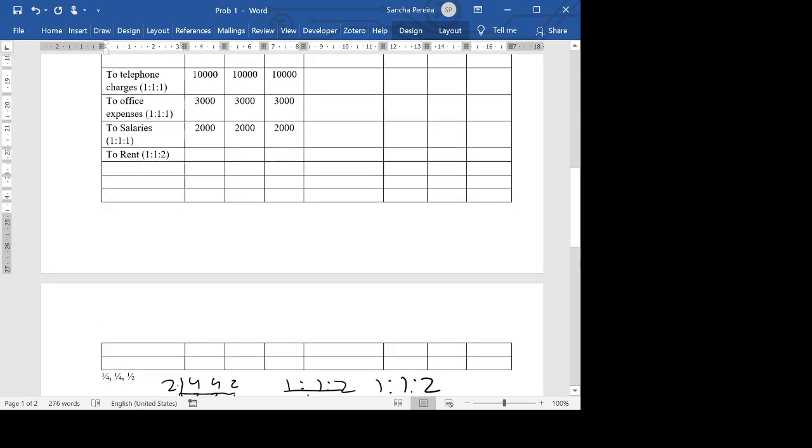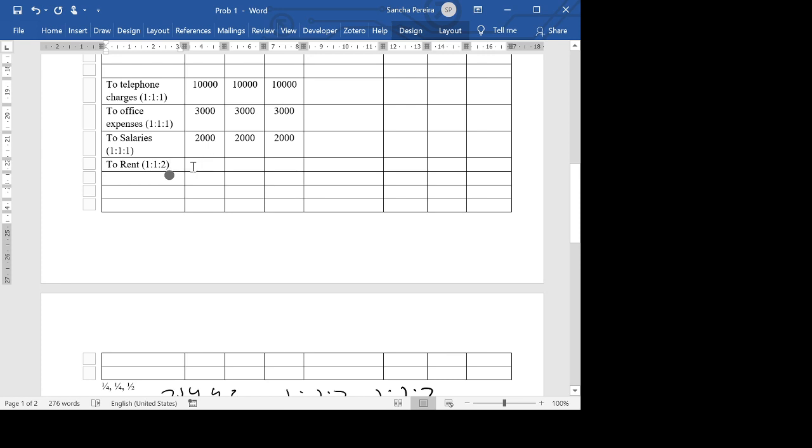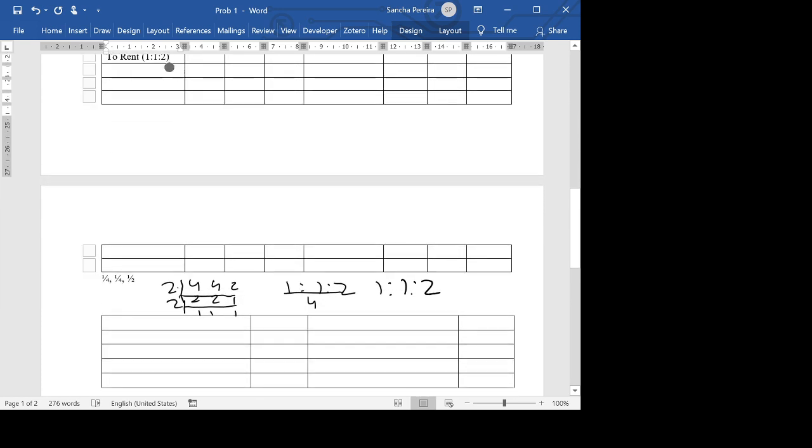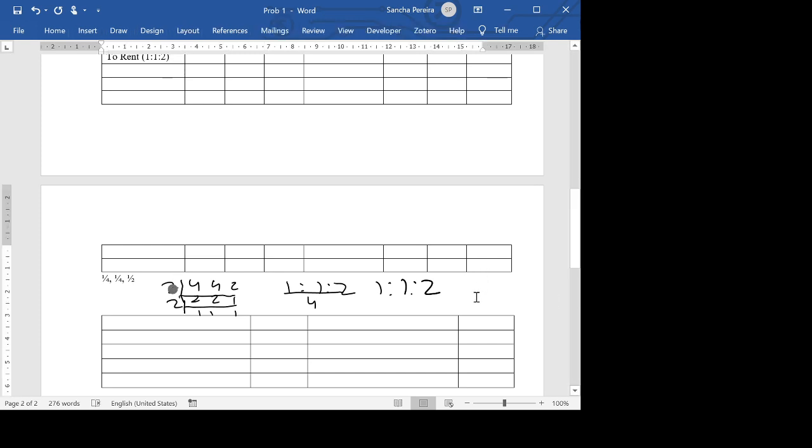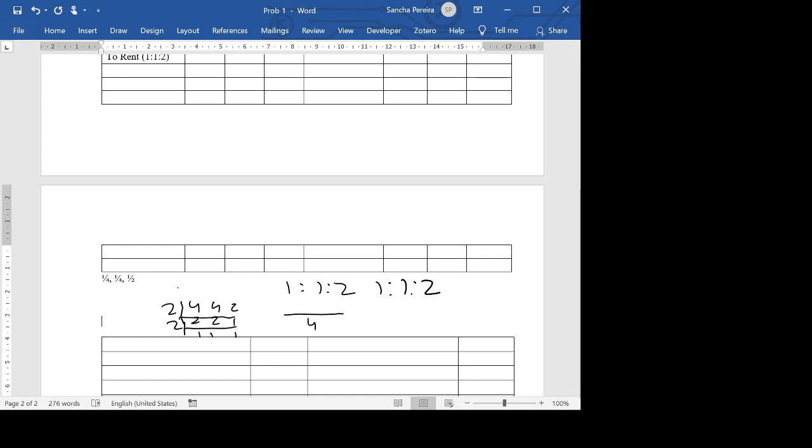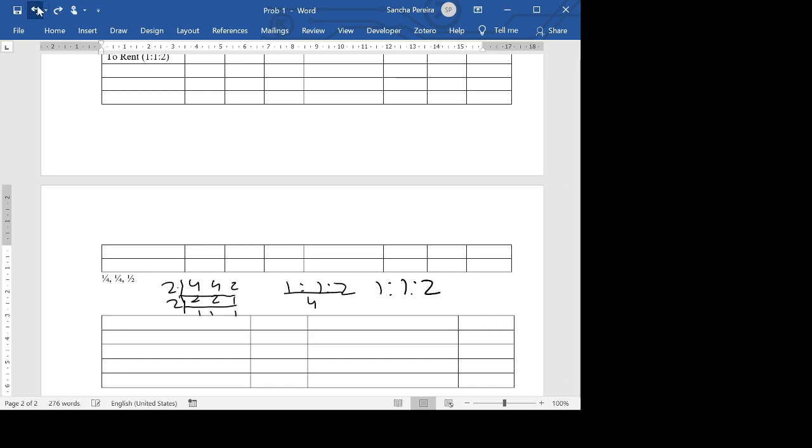So if we take this, what do we get? 24,000 divided in the proportion of 1 is to 1 is to 2. I hope everyone knows how to divide this. 24,000.